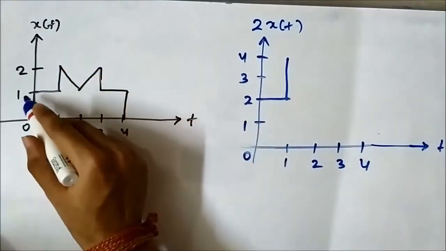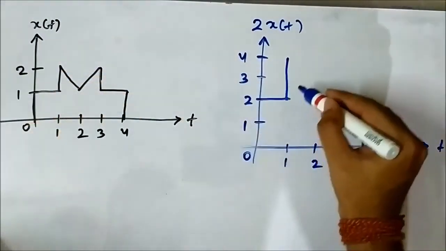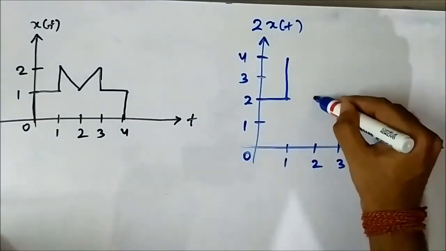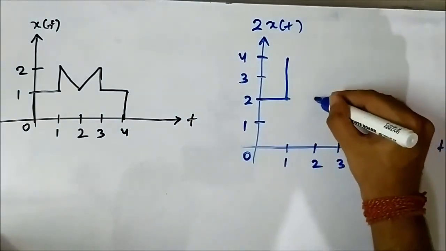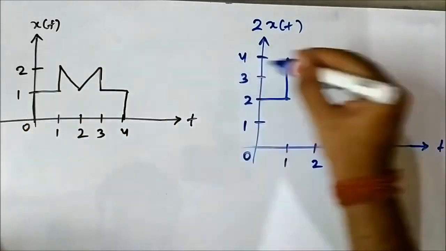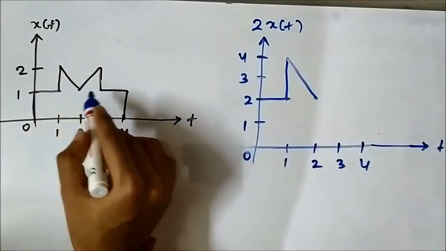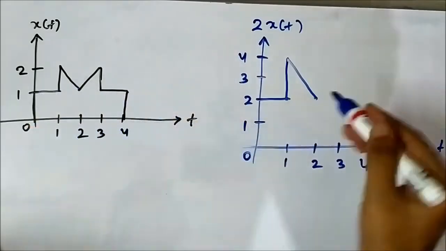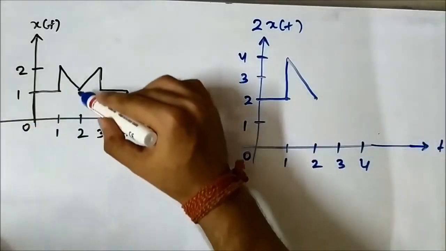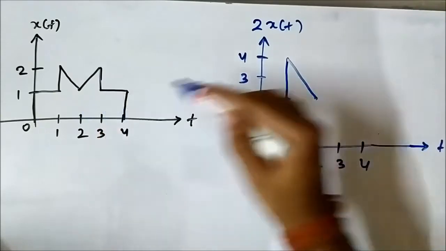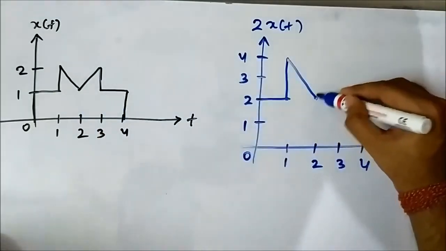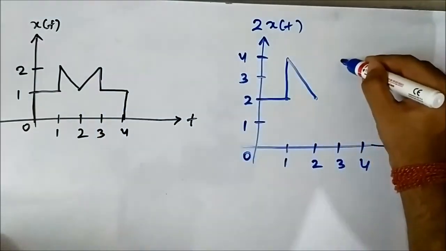t equals 2 the amplitude is again 1. So again it will drop down and the amplitude will decrease to 2. We are just multiplying the amplitude by 2 at each time instant. Again at 3 it increases from 1 to 2 in the reference signal, here it will increase from 2 to 4.